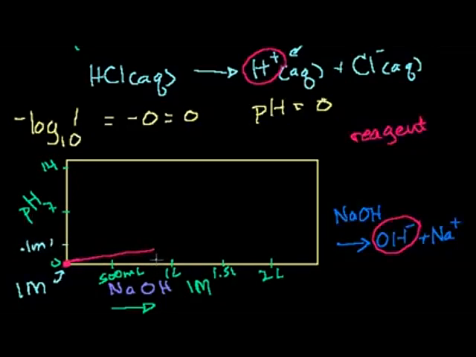So roughly, you started off with 1 molar of hydrogen. By the time you've added roughly 900 milliliters of your solution, you probably would have gotten rid of most of it. And obviously the denominator is changing because I'm adding volume here, so you'd have to account for that. But you get the general idea that these hydroxide molecules are going to react with these hydrogen ions.